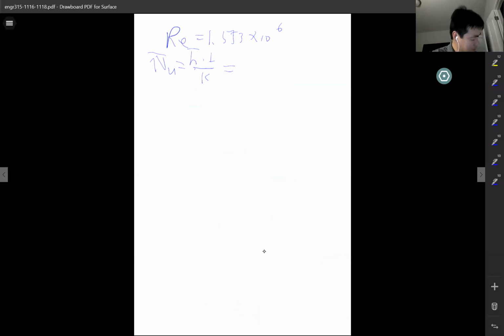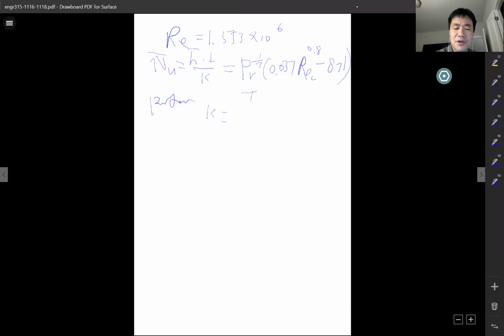I cannot remember that equation, so I need to write it down and look at it. It's Prandtl number times 0.037, Reynolds number to the power of 0.8, minus 871. Based on this, we need the property for k.